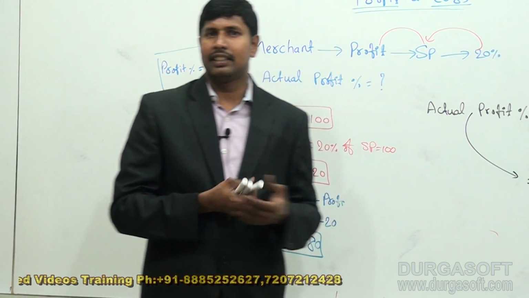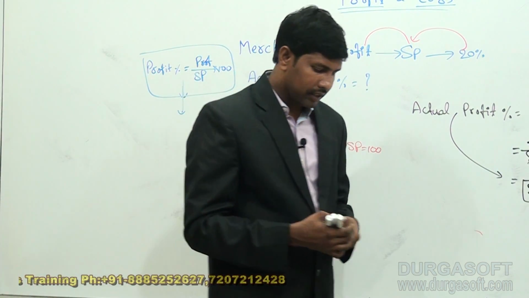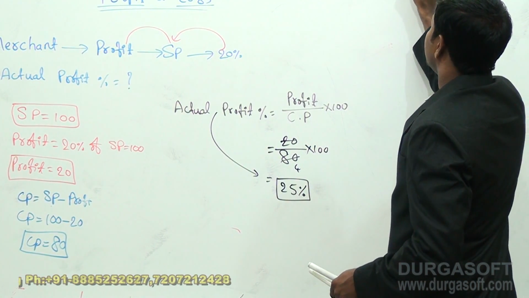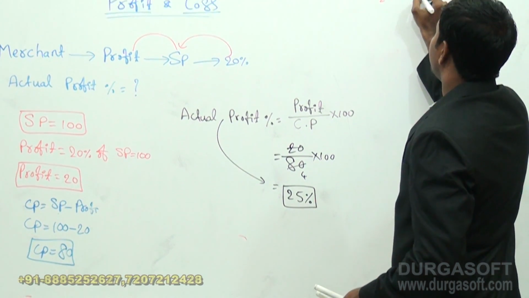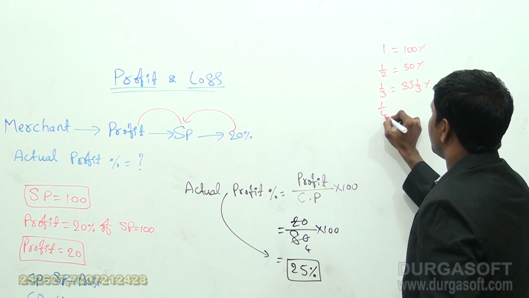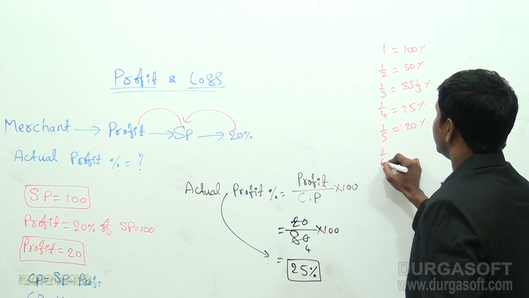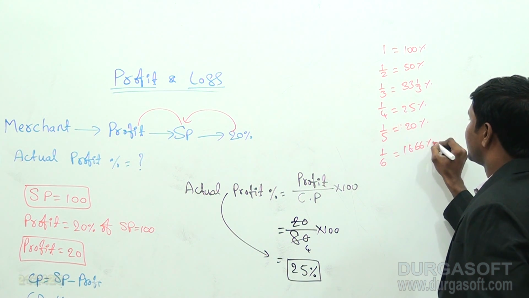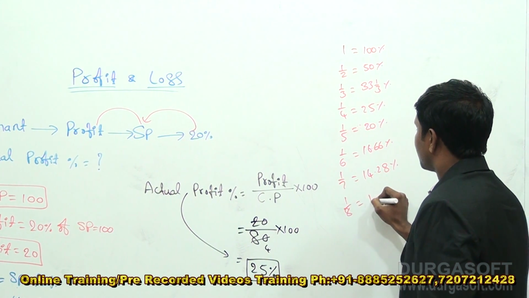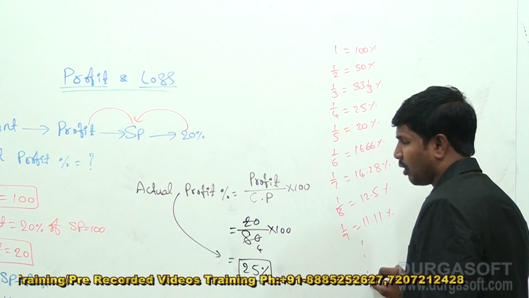But what I can suggest is, in percentages we discussed one particular logic, and I hope you remember it: 1 is equal to 100%, 1 by 2 is equal to 50%, 1 by 3 is equal to 33 1 by 3%, 1 by 4 is equal to 25%, 1 by 5 is equal to 20%, 1 by 6 is equal to 16.66%, 1 by 7 is equal to 14.28%, 1 by 8 is equal to 12.5%, 1 by 9 is equal to 11.11%, and so on.